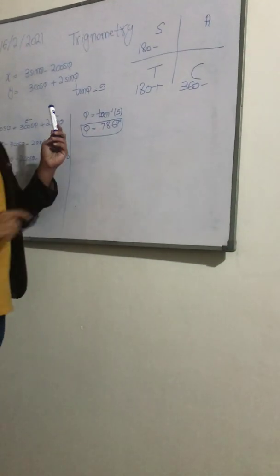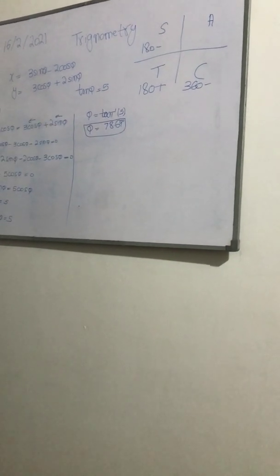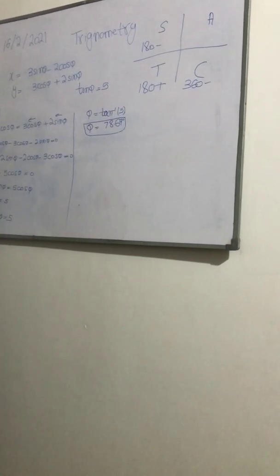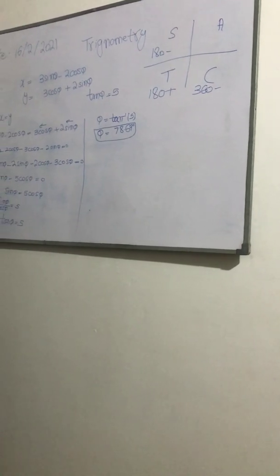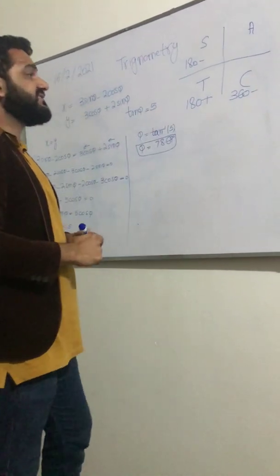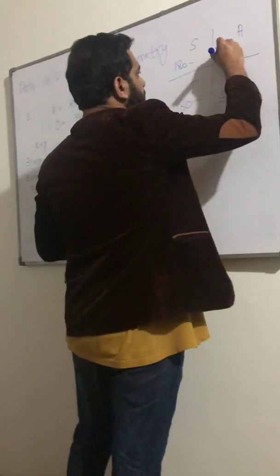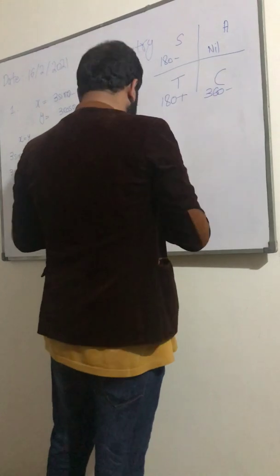So as we can see from the board, tan theta is equal to plus 5. So it means that we can have only two possibilities. Either our angle is in the first quadrant or it is in the third quadrant. And just remember one thing, that we will do nothing in the first quadrant, so I am writing nil here, okay?